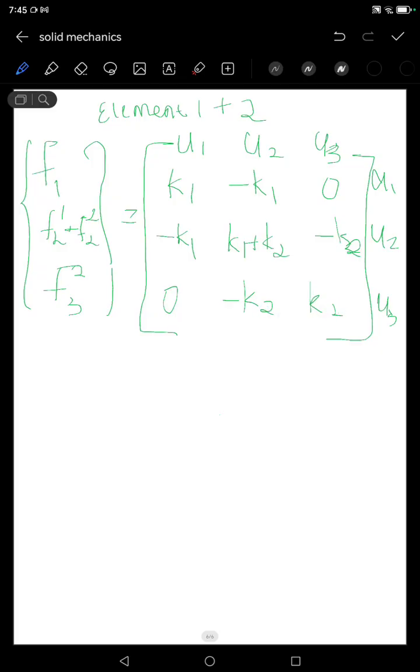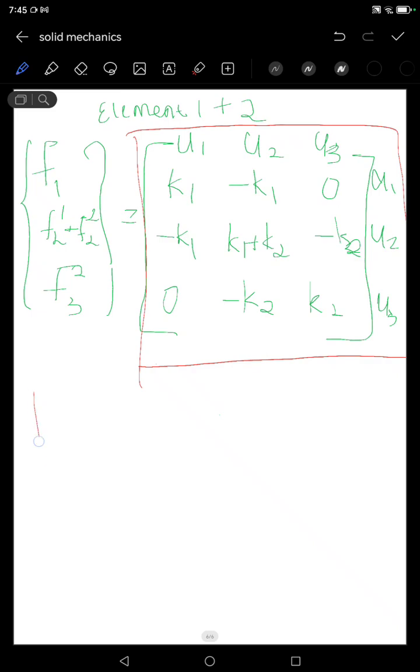Okay, guys, after writing, actually let me show you this part, the one that I'm doing with red, we call it a global stiffness. When they say determine global stiffness, this is what you do.